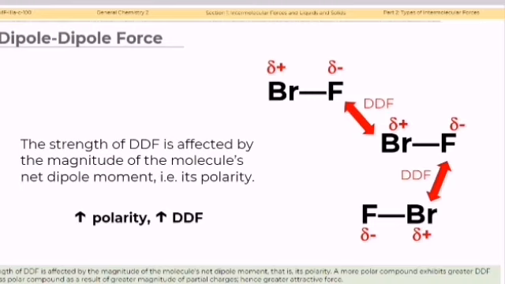The strength of DDF is affected by the magnitude of the molecule's net dipole moment, that is, its polarity. A more polar compound exhibits greater DDF than a less polar covalent compound as a result of greater magnitude of partial charges, hence greater attractive force.